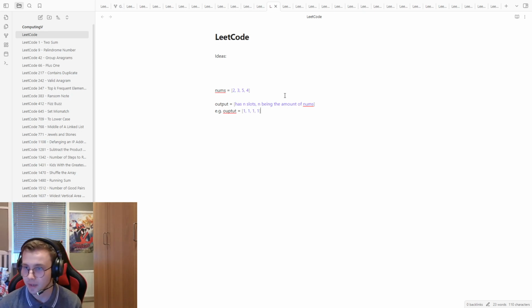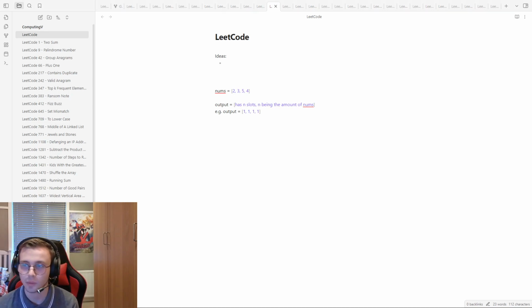O(n squared). I'm going to attempt it, and then if need be, I can maybe attempt this at a later stage, where I've learned other tools to help me solve these types of problems, or I can try and get it from O(n squared) down to O(n) somehow.